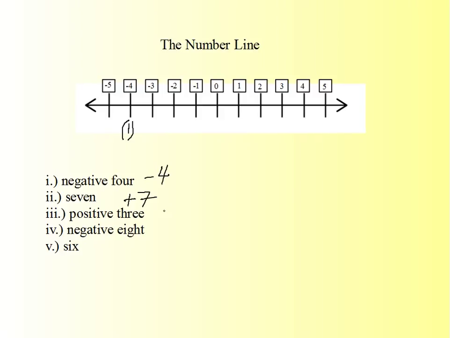Positive 3 again would be written as this, or I could add the positive sign, and then negative 8, and then 6 can be written like this, or we can put a positive sign in front of it. So we should understand that with integers, the negative numbers must always have the negative sign, whereas the positives can have it, or if we omit it, we know that automatically it is a positive number.